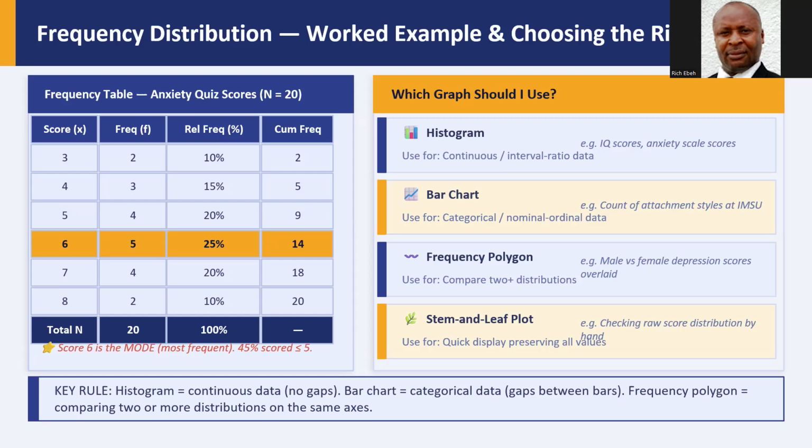You add 9 to 5, the fourth frequency score, you get 14. You add 14 to 4, which is the fifth frequency score, you get 18. And you add 18 to 2, the sixth frequency score, you have 20.